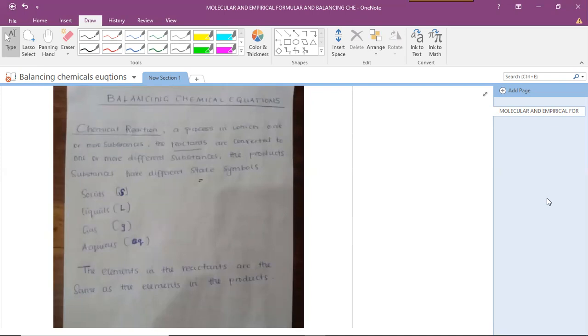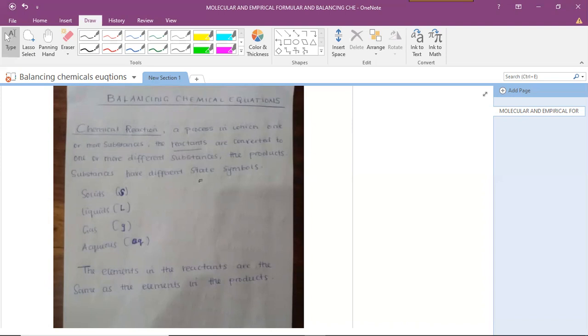Then you use those molar coefficients to start doing your stoichiometry. They'll tell you to calculate the mass, the concentration using limiting reagents, and the volume using cubic decimeters or cubic centimeters. So balancing chemical equations is extremely important.